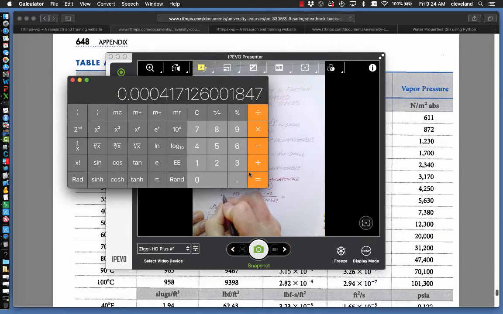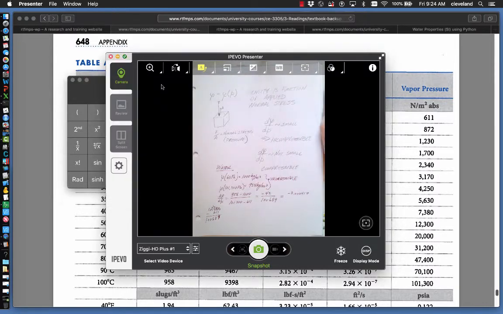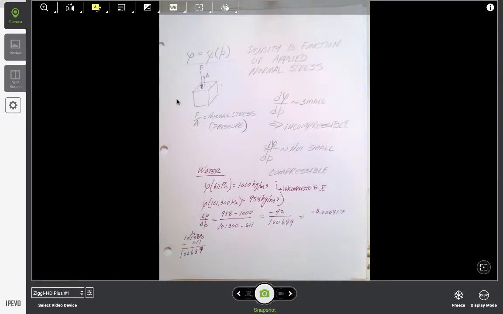So delta rho over delta P is minus 0.000417. Arguably, that's small, so we would treat that as incompressible.